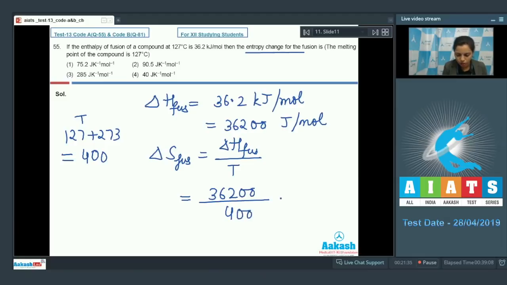So I'll just divide it by 400 and it gets changed into 90.5 joule per Kelvin per mole. This would be the value. And where this value is given, this is given here in option 2. So just choose option 2 as your correct answer.